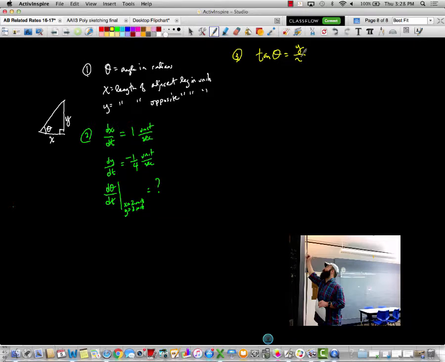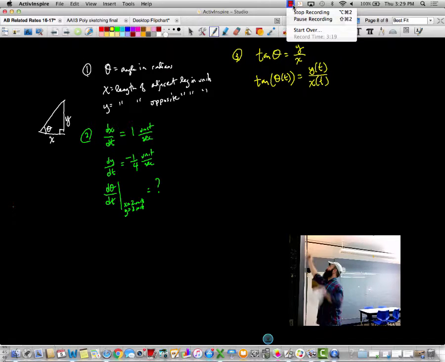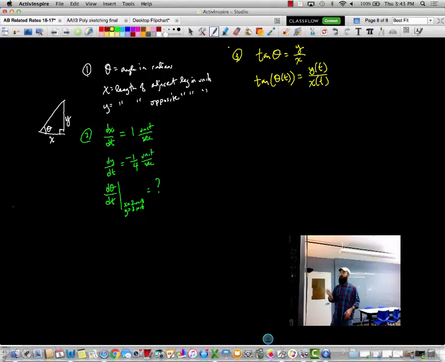Now, I want to note that these things are all dependent upon time. So this is tangent of theta of t, and this is y of t divided by x of t. So now I have an equation that relates these things and I have it in terms of time.